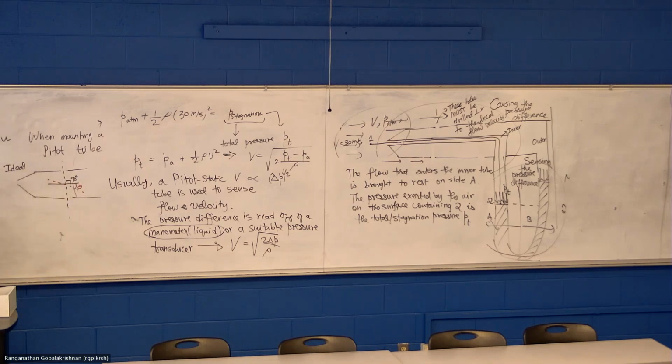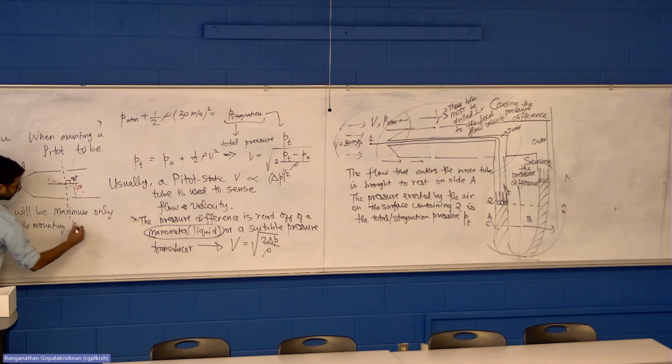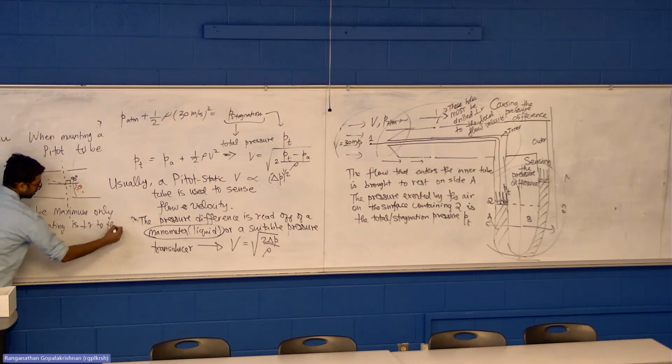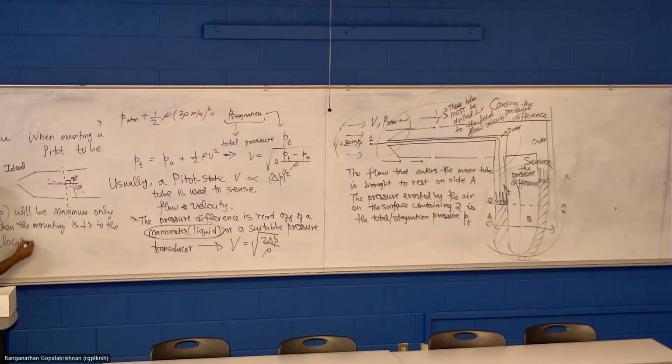You can say that the pressure difference delta P will be maximum only when the mounting is perpendicular to the local flow velocity.